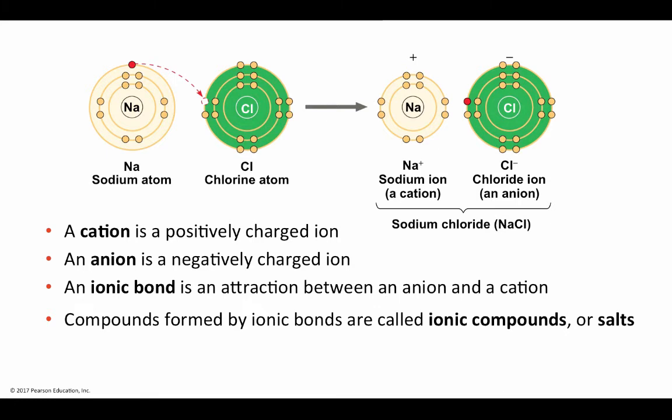And ionic bonds form compounds that are called ionic compounds or salts. But these are different from covalent bonds because this sodium doesn't become any less positively charged due to being close to this chloride ion. Now that it's an ion, we call it chloride instead of chlorine. It's still going to have this positive charge, which means that it can attract more chloride ions to it.